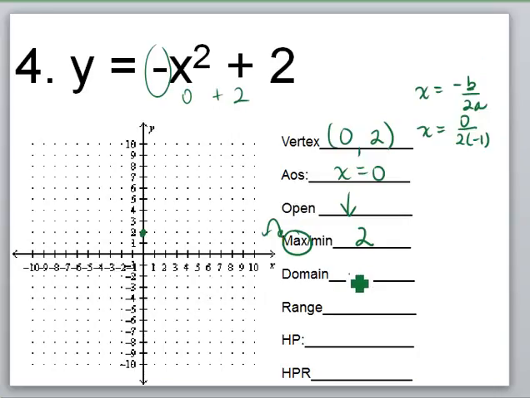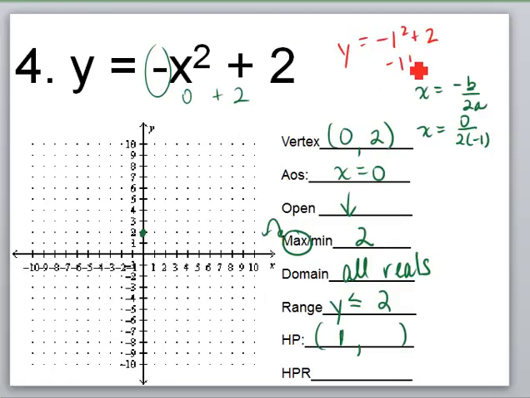The domain of this function is all reals because it's a parabola. The range, the highest value because it goes down, is 2. So y has to be less than or equal to 2. The helper point, I can't use 0, so I'm going to use 1. 1 comma something. So if I come up here and I plug in 1, y equals negative 1 squared plus 2.